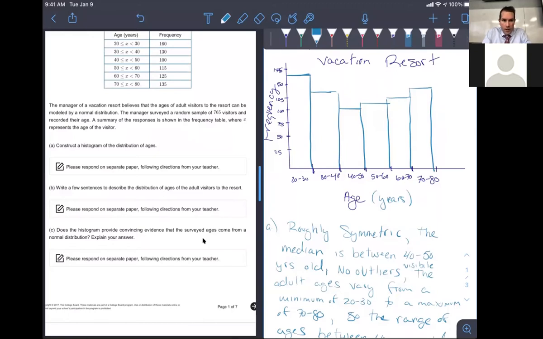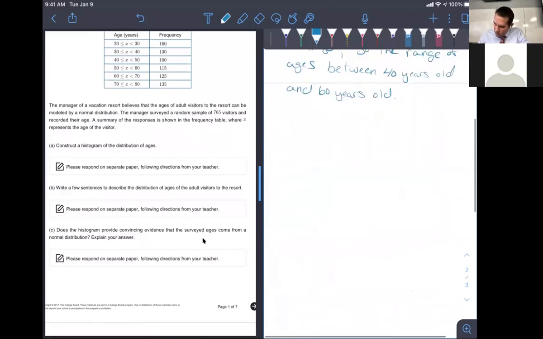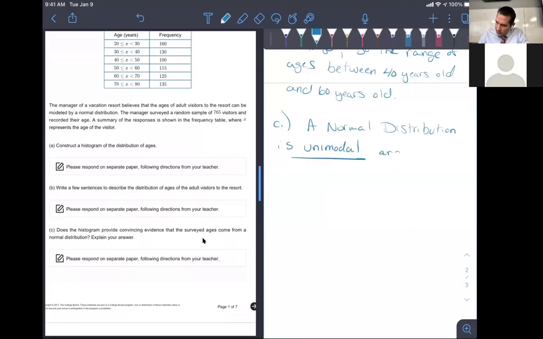Okay. How about the last one? Does the histogram provide convincing evidence that the surveyed ages come from a normal distribution? So what should we see from a normal distribution, and what are we seeing? A normal distribution is unimodal and symmetric.